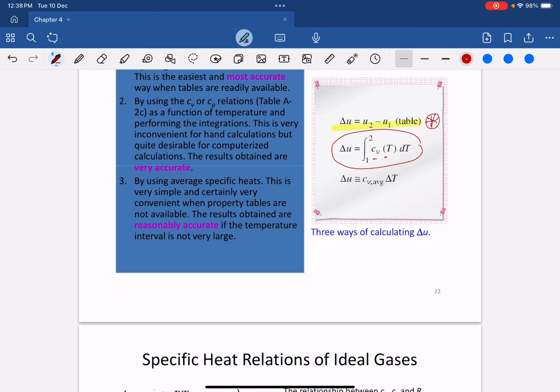The third one is, if you don't have that, just use this equation. Remember, delta U is almost equal to the specific heat capacity at the average temperature over that temperature range, times the temperature difference. So basically we use the first method and the third method, and we don't really use the second method.